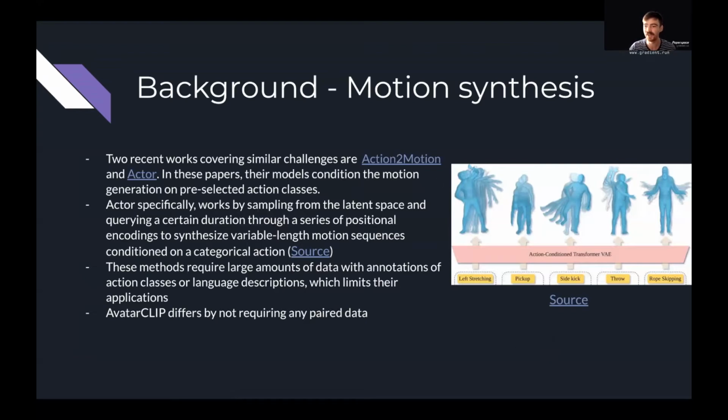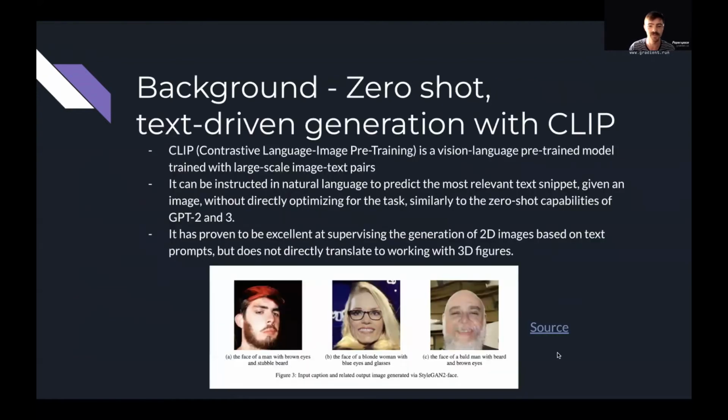Anyway. Let's move on to the next slide, talking about CLIP. So, as I just said, CLIP actually takes out a lot of the hassle because we need so much less data to actually make AvatarCLIP do the same sort of work that Actor or the other one whose name I'm forgetting does. If you're not familiar with CLIP, CLIP stands for Contrastive Language Image Pre-training.